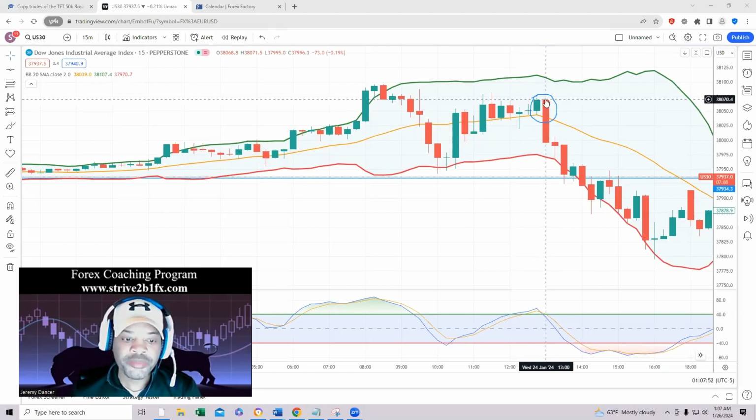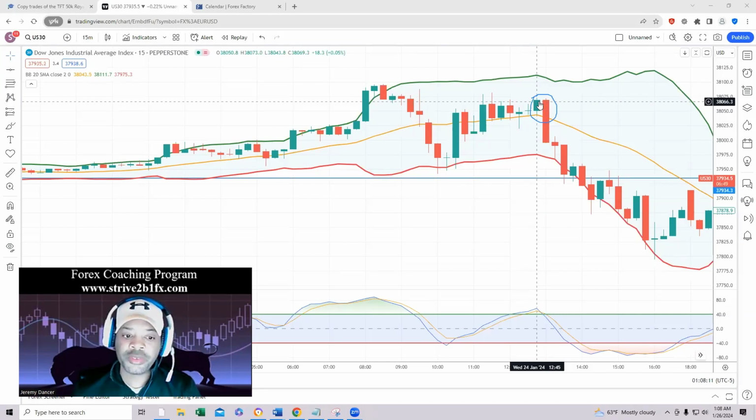And then we can see here between 12:45 and 1 that this is a solid area of resistance. And you would go ahead and place a sell right here because on this red candle, it touched the same area as the green candle in front of it.